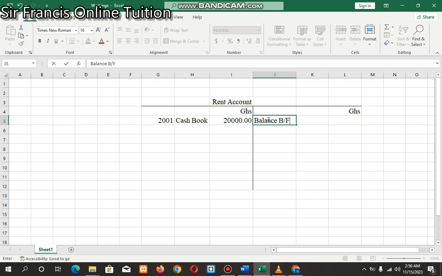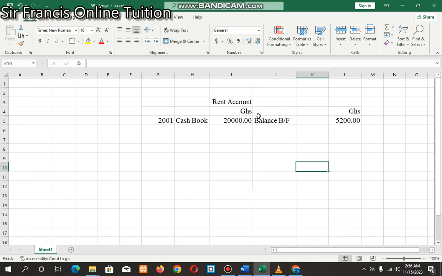So balance brought forward, the amount is 5,200. So this is how we deduct from an expense that is not relating to the current year.